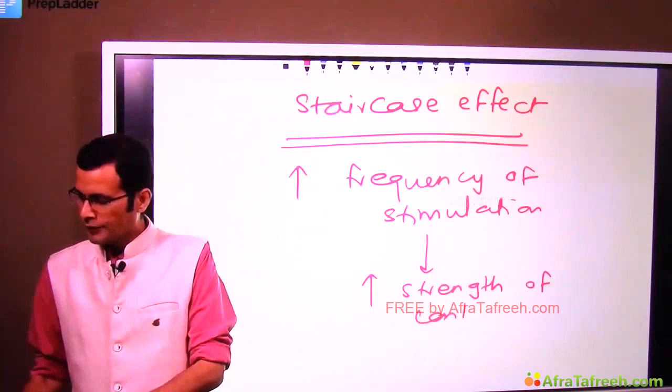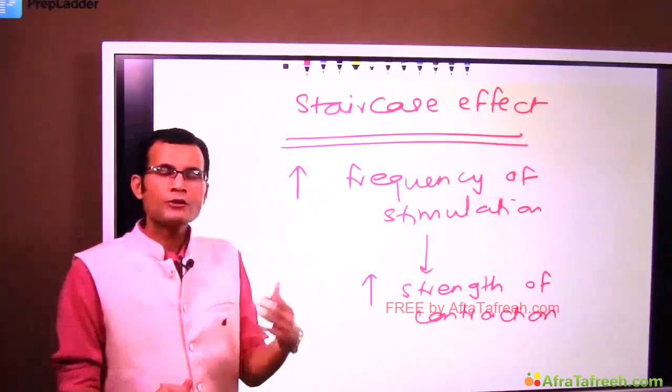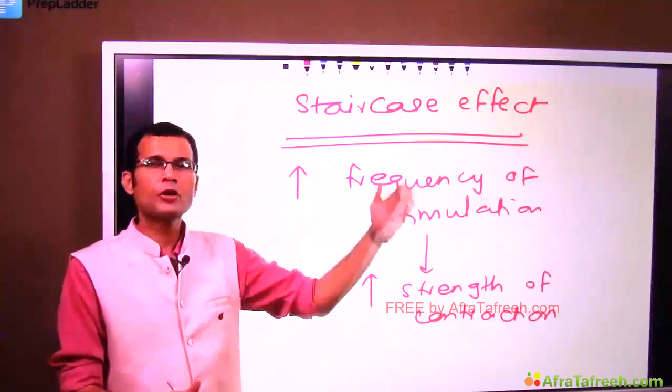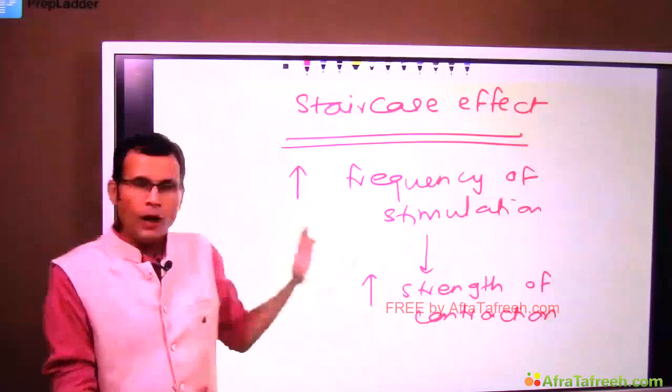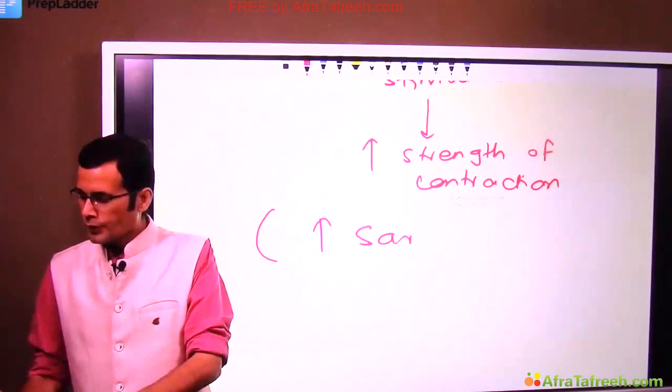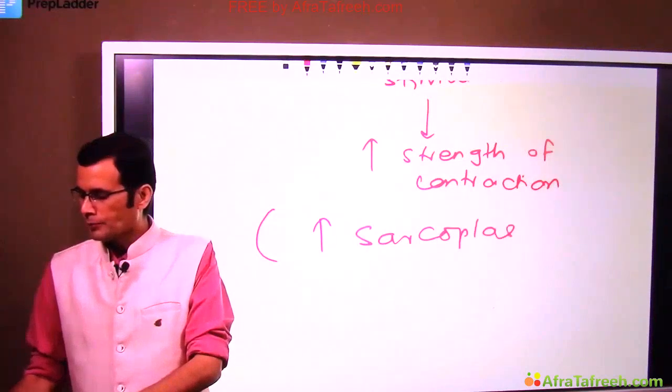If you remember this, we have done this in the skeletal muscle, the staircase effect. If the frequency of stimulation to a muscle goes on increasing, then stronger and stronger contractions are produced. And why does this happen? It's because of the increased sarcoplasmic calcium.